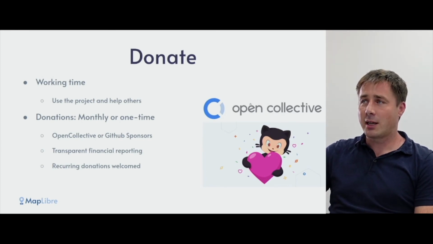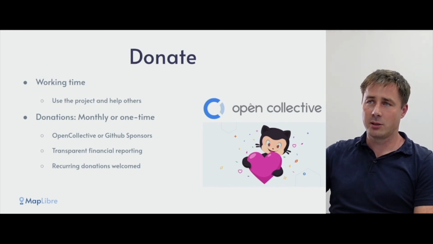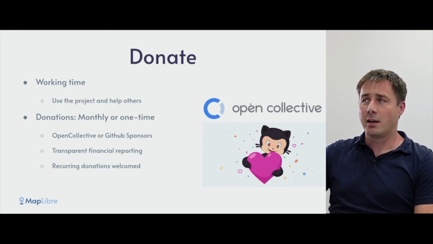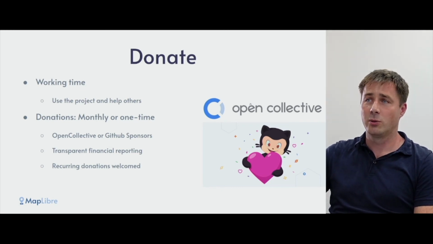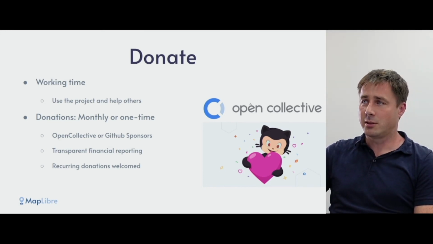If you don't have time, or if you are a company who is actively using MapLibre in your commercial product, it would be really lovely to either donate people who are contributing to the project, or provide a financial donation. So we may potentially have in the future some budget to support grants on development of the features and also on the maintenance of the project.